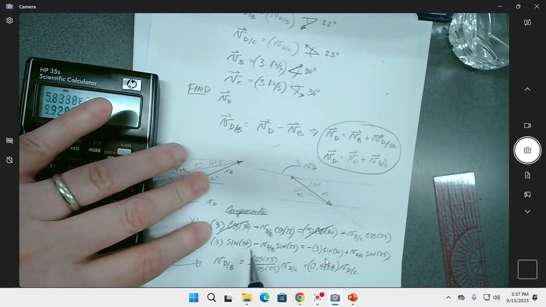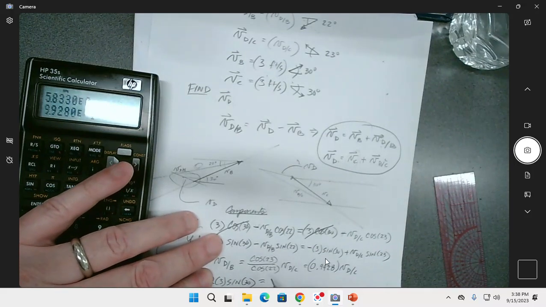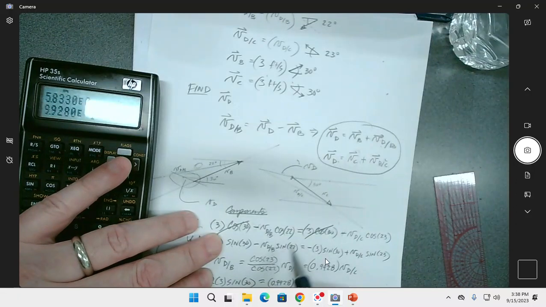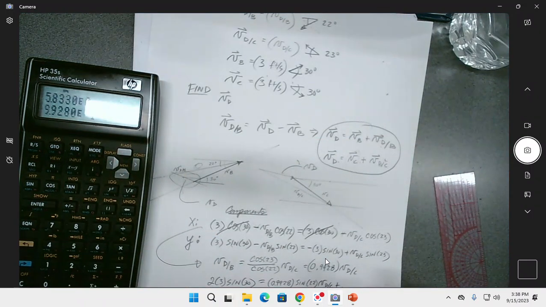And now we can replace it back into one of these and find the unknown. So this is going to be 2 times 3 times sine of 30 equals, we have that one right there. So I'm going to take this one, I'm going to take 0.9928 times the sine of 22 times VD with respect to C plus VD with respect to C times the sine of 23.